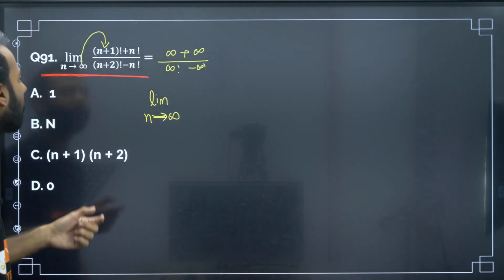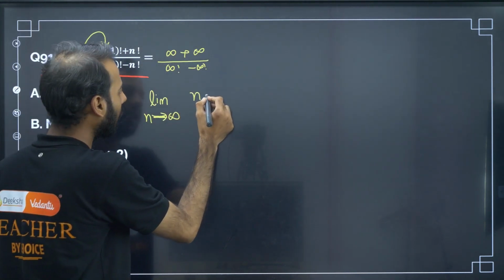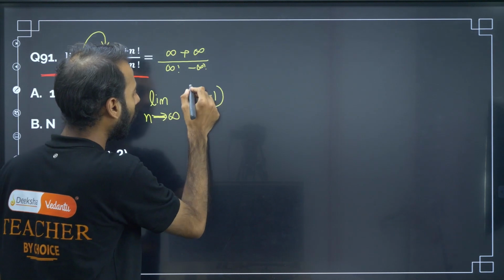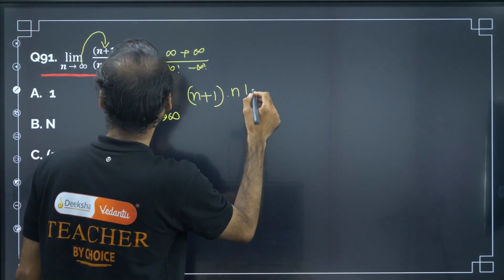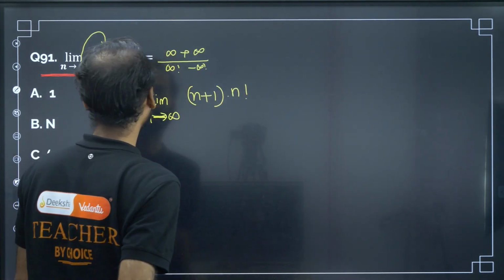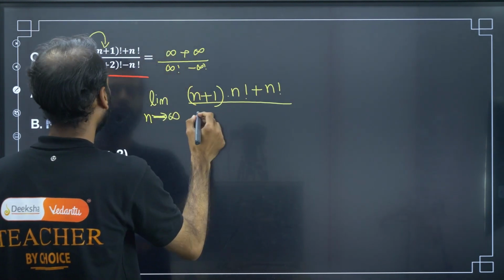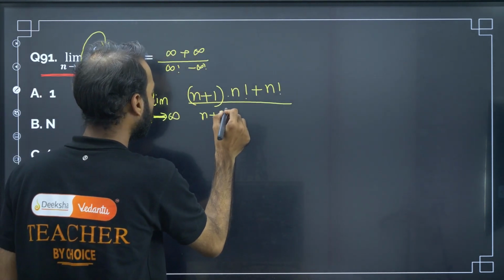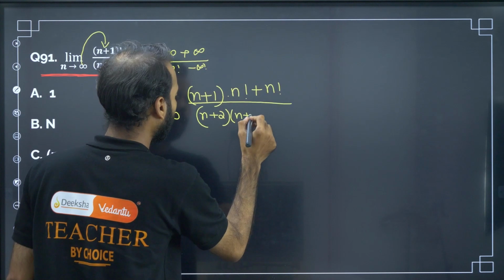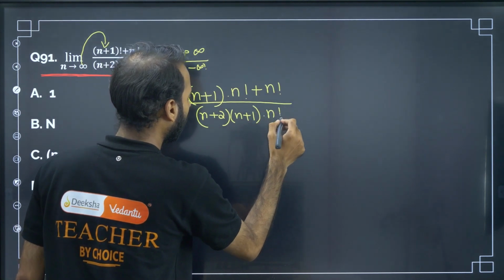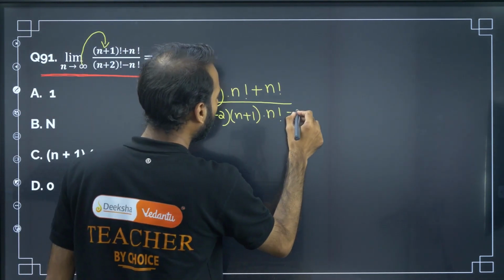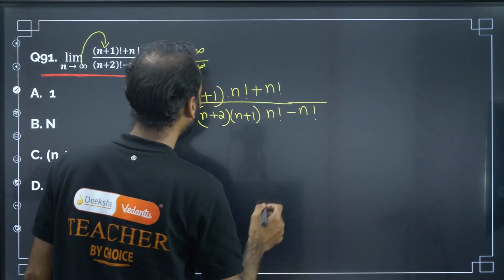Now how to eliminate that? (n plus 1) factorial can be written as (n plus 1) dot n factorial, plus n factorial, in place of n factorial by (n plus 2)(n plus 1) and n factorial minus n factorial.